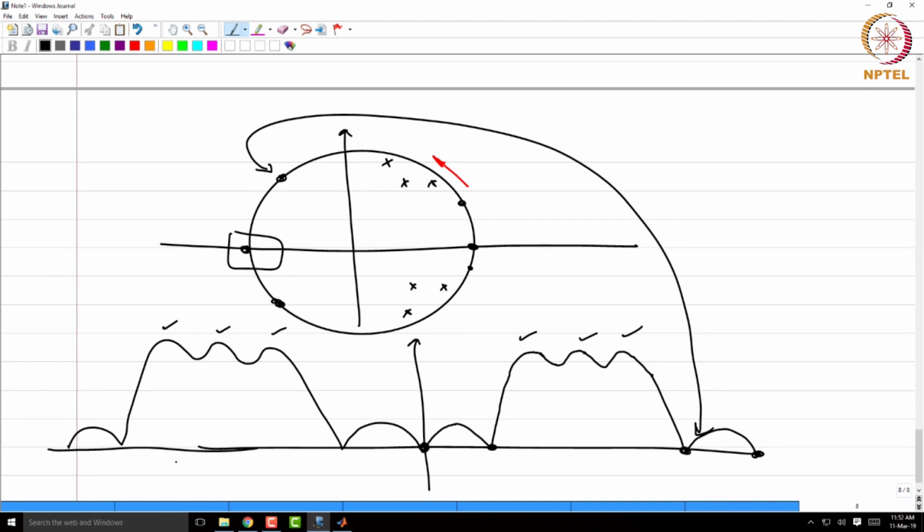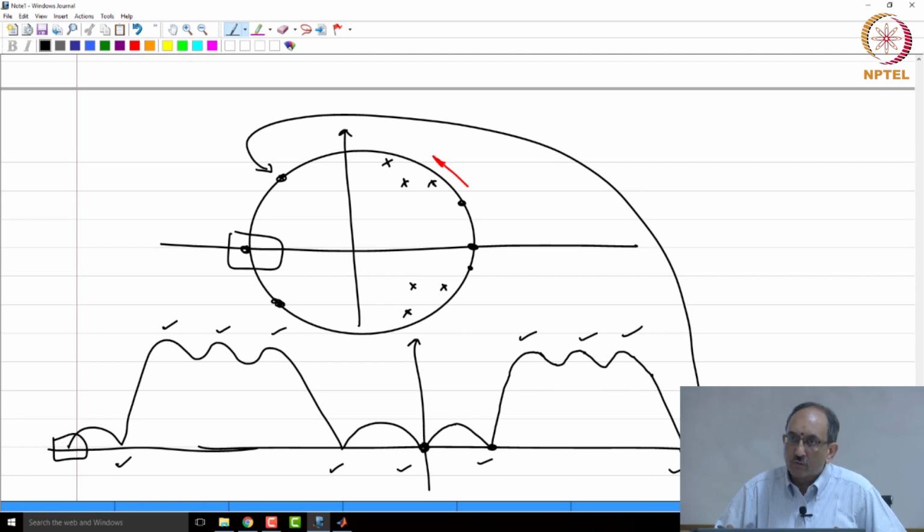And there are 6 zeros, right? 1, 2, 3, 4, 5, 6. You don't want to count this twice because this point is the same as this. So, this gives you a very quick intuitive feel for the frequency response based on the pole-zero positions.